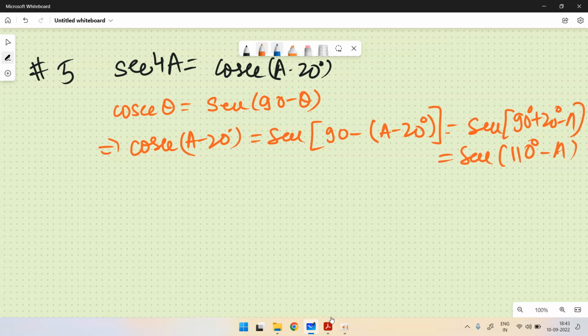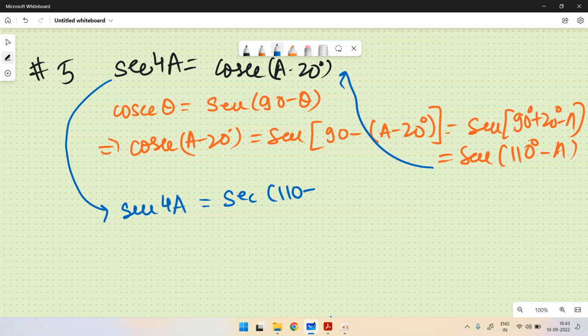Now if I substitute this value here, I get the expression: secant 4a is nothing but secant of 110 minus a. Since both the LHS and RHS have secant common, the secant of theta is equal to secant of theta, so both inside terms will be the same.